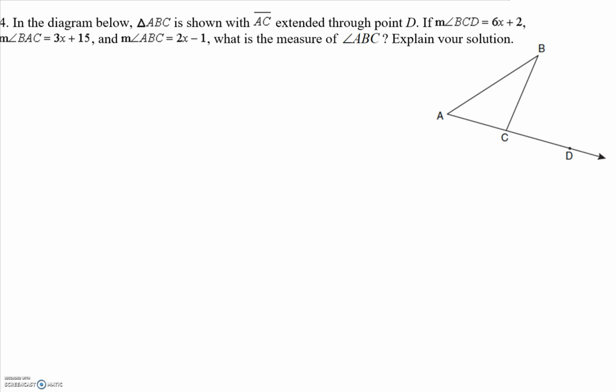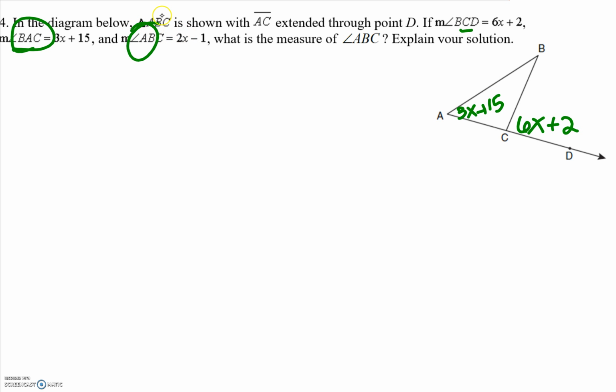In question 4, we're still applying what we did in the previous problem with our exterior angle. So let's mark up our picture. We have the measure of BCD, which is right here, is 6x plus 2. Then they told us the measure of BAC, which is this angle right here, is 3x plus 15.